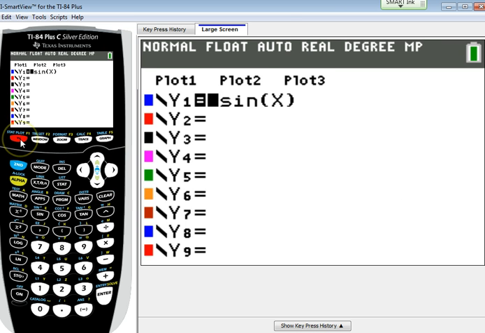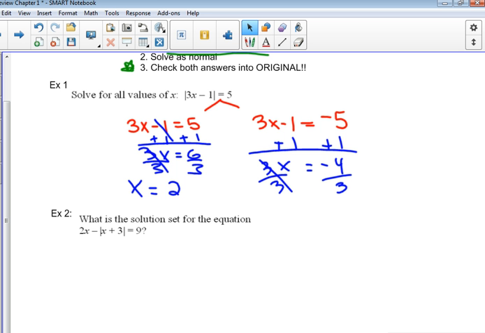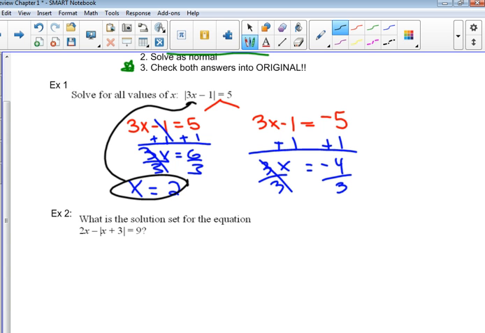So if you're going to do your check and you just want to do it quick, you're taking your 2 and plugging it in here for the x.